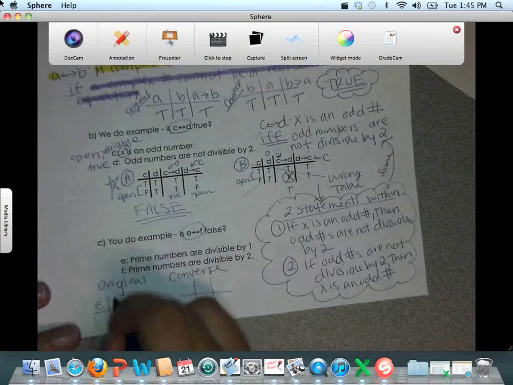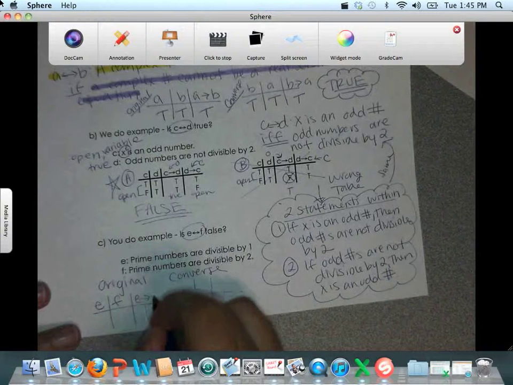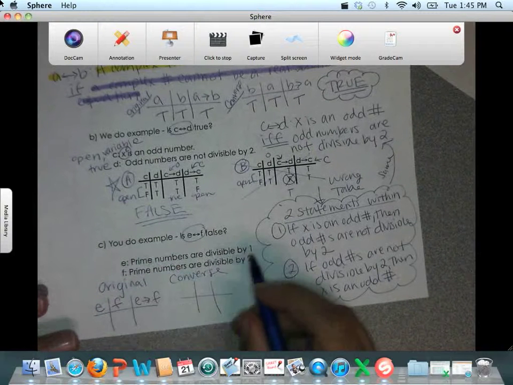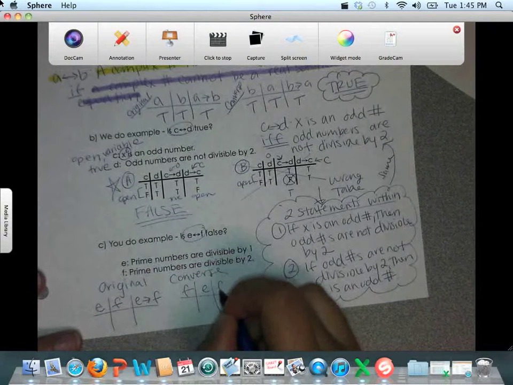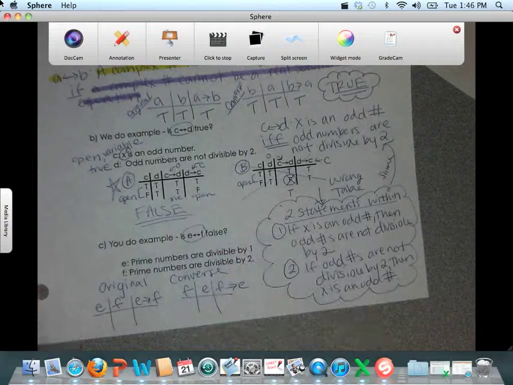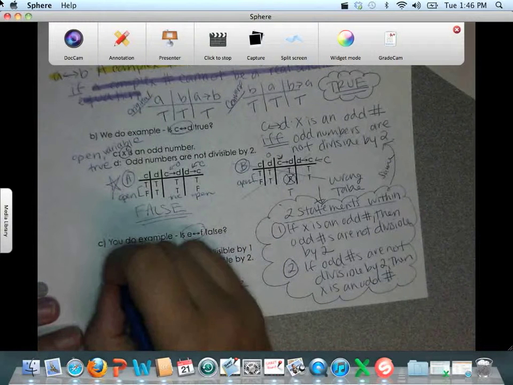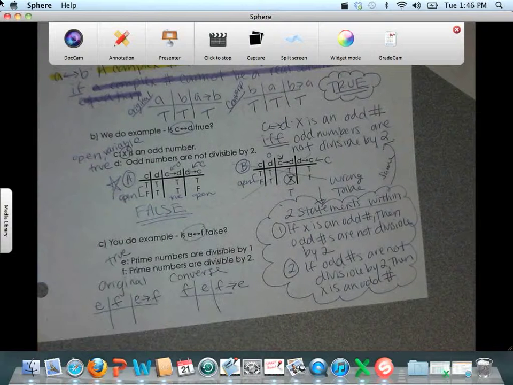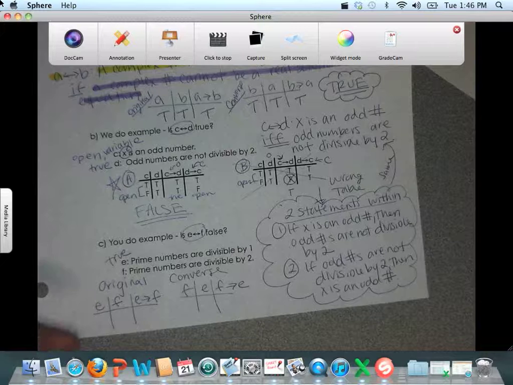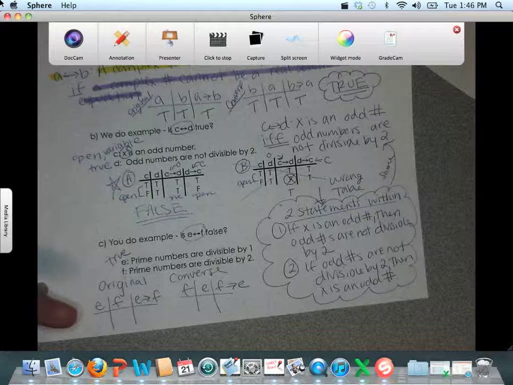Now the original goes EF, so if E then F, and the converse switches it. If F then E. All right, prime numbers are divisible by 1. True, because if you remember, the definition of a prime number is a number that has the factors 1 and itself. So like the number 3, the only numbers that can multiply are 1 and 3.